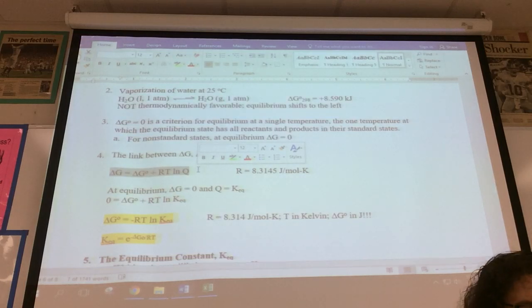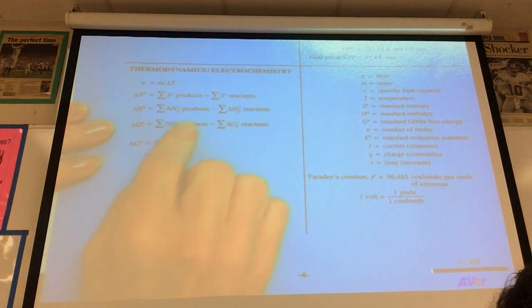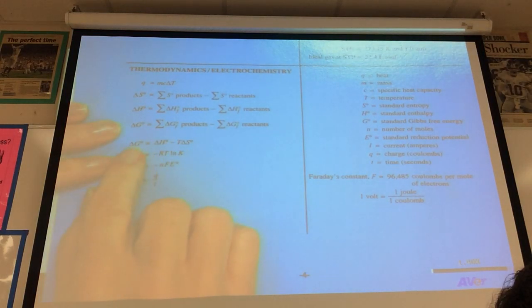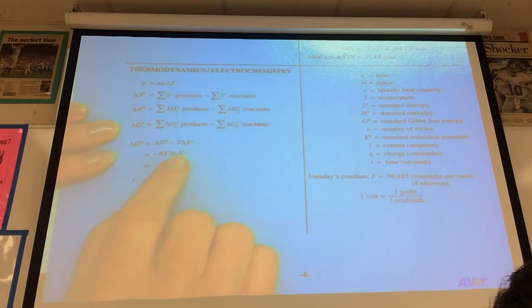When you consider what you're given, pretty rich in the thermo unit, you've got all of these product minus reactant formulas. You've got your delta G is equal to delta H minus T delta S, so they give that to you. They also give you delta G naught is equal to negative R, universal gas constant, times the temperature, ln of K, and that's KEQ.